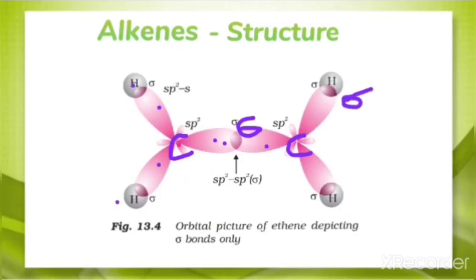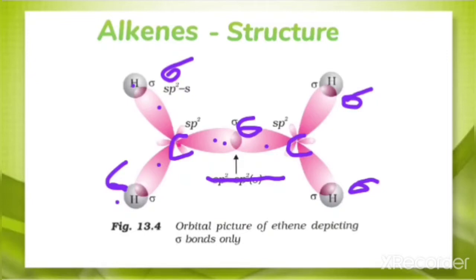Here also head to head overlapping, that is a sigma bond formation. Here, here, here. So there is head to head overlapping between the sp2 hybridized orbital of each carbon and the 1s orbital of hydrogen, therefore it forms a sigma bond. And one of the bonds between the carbon is a sigma bond.